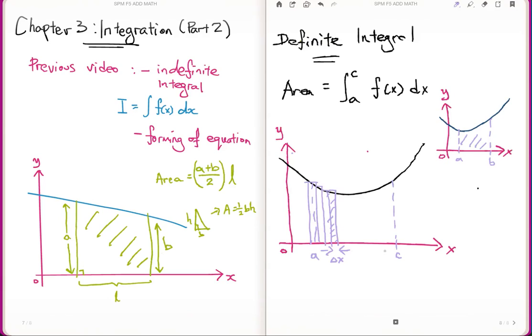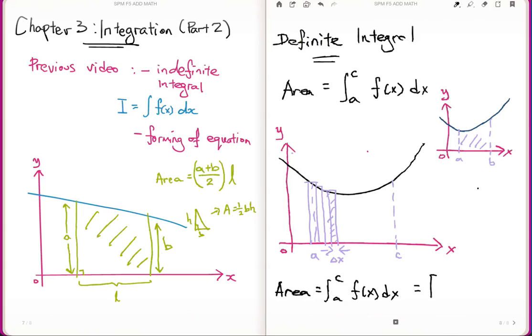So, in the event that you need to look for the area A to C of a function, what you need to do, you integrate this, eventually you get an equation.